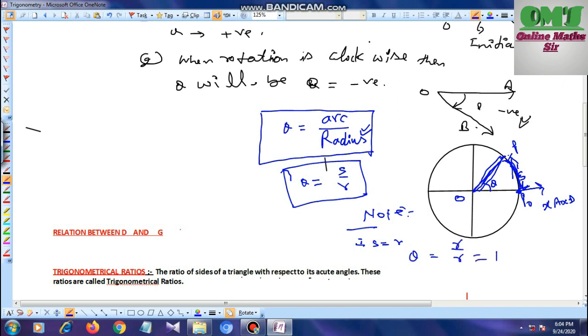So the value of theta is 1 radian, and 1 radian equal to 57 degree 17 minute 45 second approx.